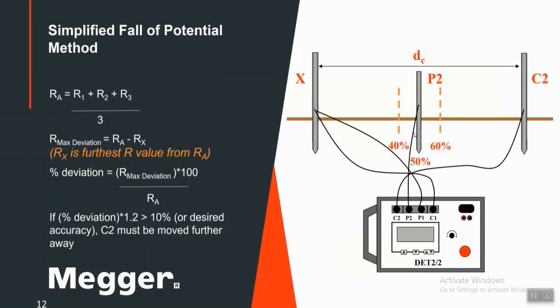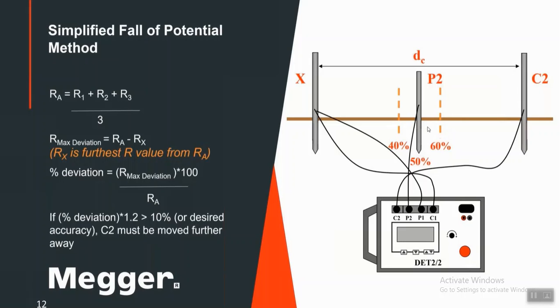You get measurement R1, and then you move to the left side, maybe 20% or 10%, and you get R2. In the same way, you move to the right side from the center position, 10% away from the center, and you get measurement R3.